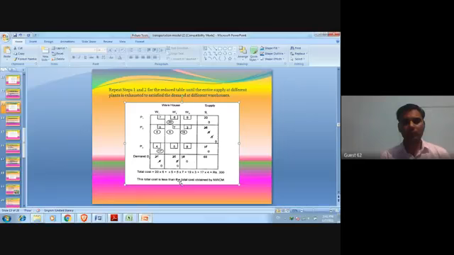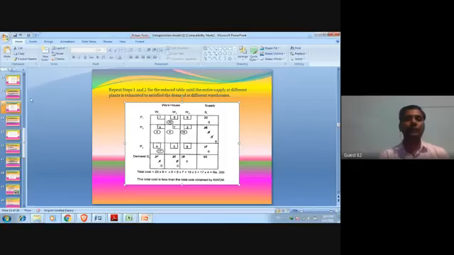I think this is written wrong here, 4 is missing. 4 into 5. Again 7 into 5, so this is 5 into 7. Again 19 into 3, plus 4 into 17, so 17 into 4. After multiplying and adding, the cost will be 300.